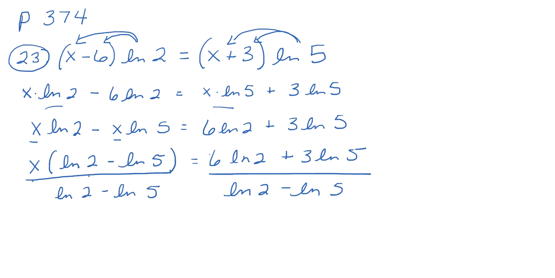So when you enter this on your calculator, please use parentheses or brackets for the numerator, the entire numerator divided by the entire denominator. And if you enter that in, you should end up with negative 9.808.